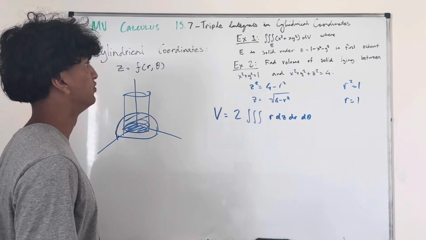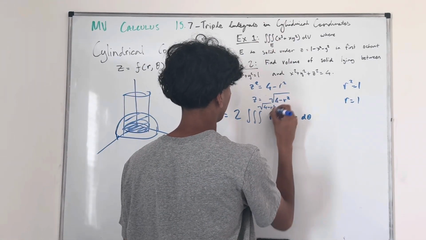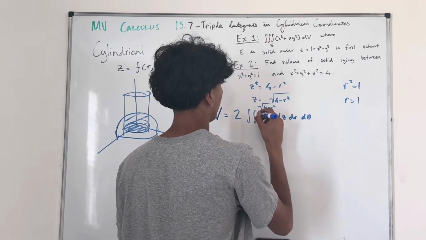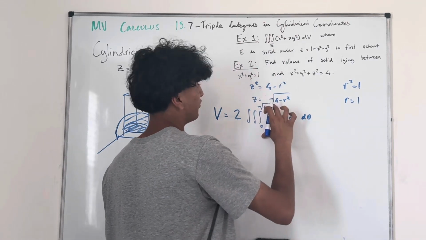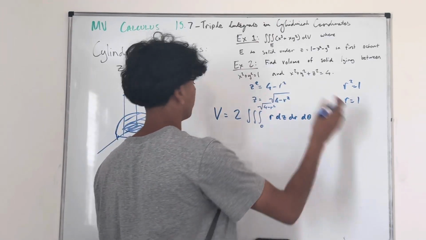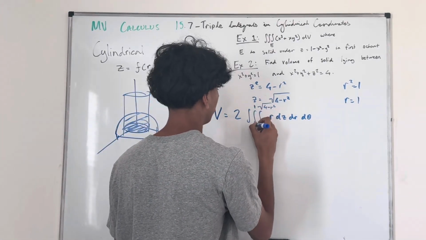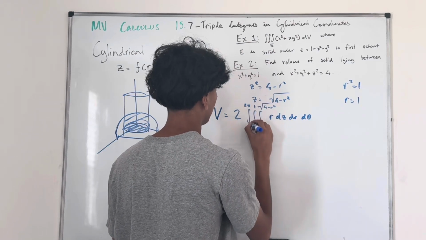And we're going to go from square root of 4 minus r squared to 0. That's the surface that I'm worried about. And then in terms of the polar area that I'm integrating, 1 to 0, and then 2 pi to 0 for the angle.